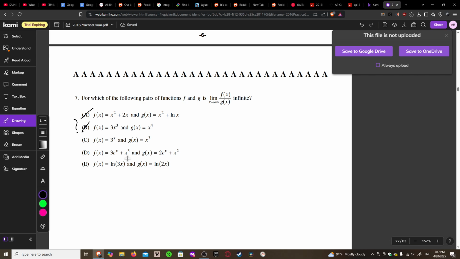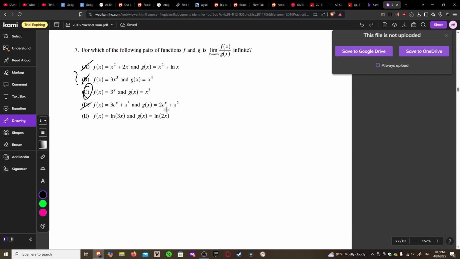Oh, 3 to the n. It's going to be this one. Even if you L'Hopital it an infinite number of times, it's still going to be infinite. Well, not really, but you get the point. Yeah, that also can't be it.